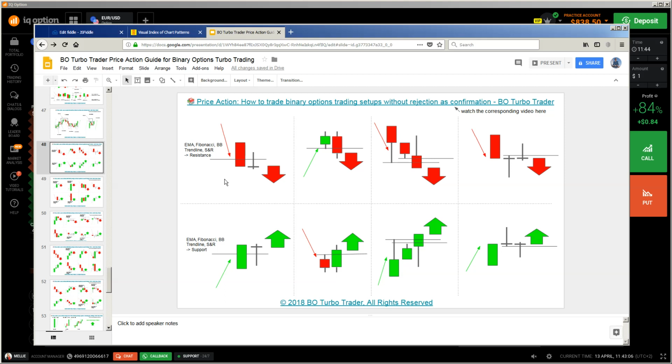Continuation trading setups are always used in a strong trend, and reversal trading setups in a healthy market, or a ranging market could be used also.